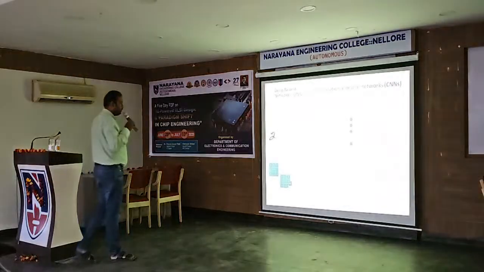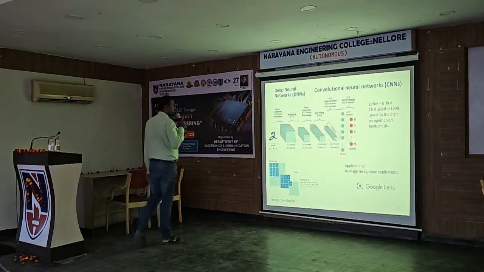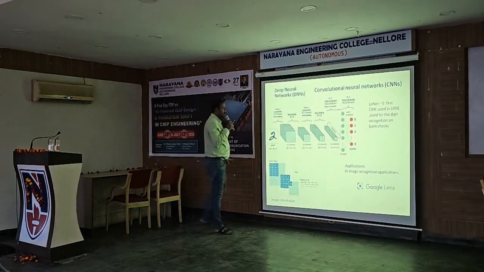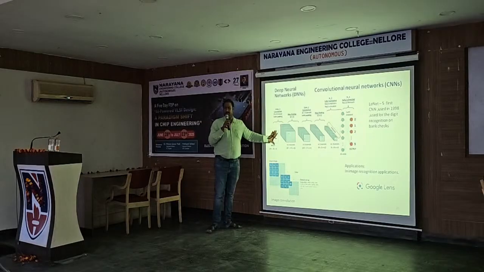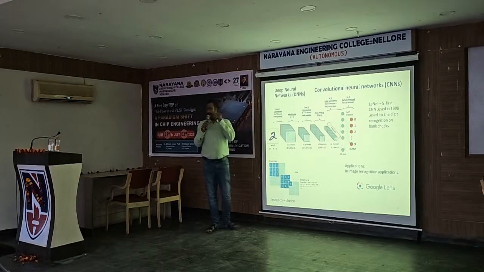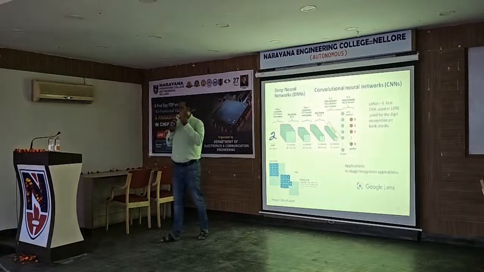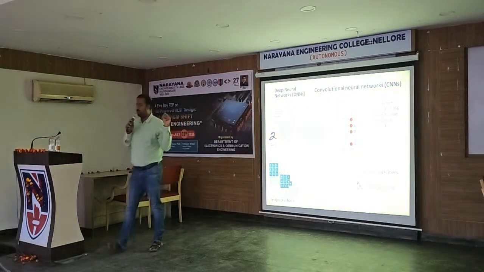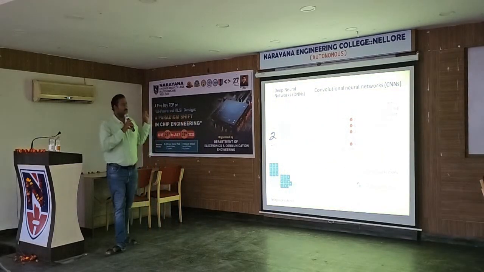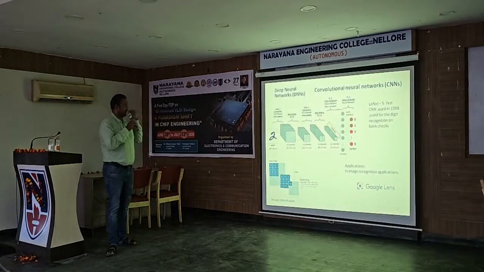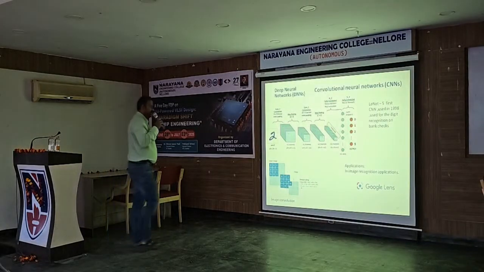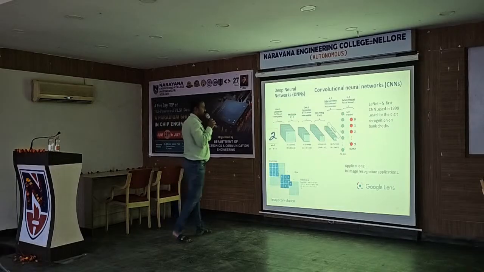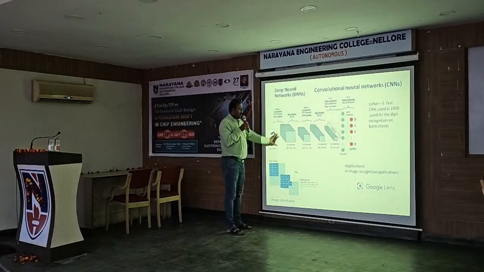And this is one of the early architectures. This is the first neural network, or deep neural network, which was proposed and showed that we can perform recognition using this network. They used this network around 1996 or so.